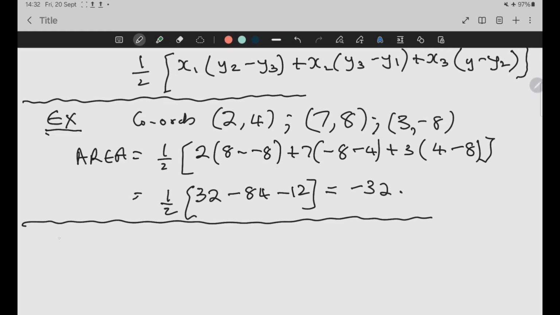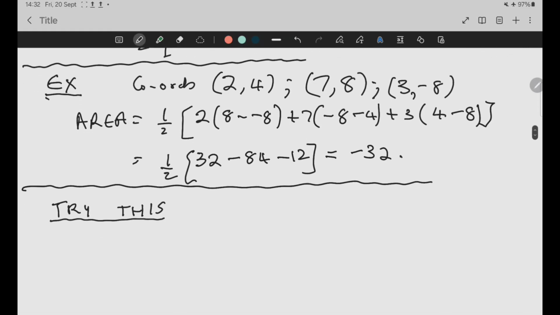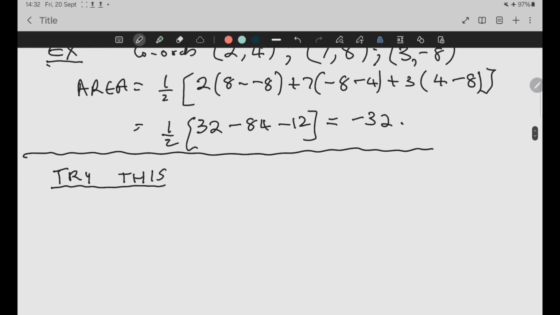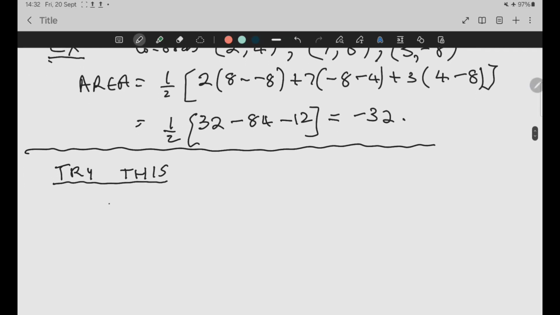So try this. I'm going to use something called a determinant, which may be new to some people, but not to everybody. What it looks like is just a square array of numbers, and it'll be made out in the following way.